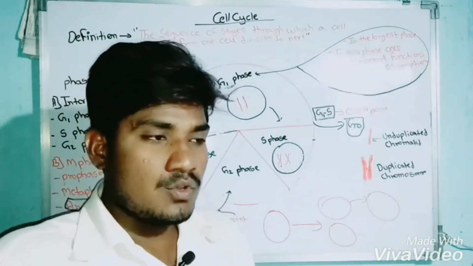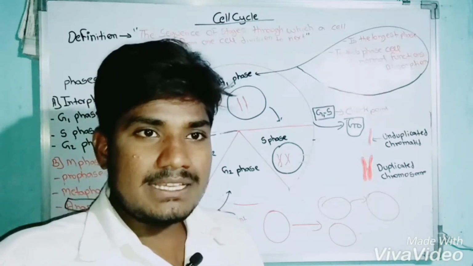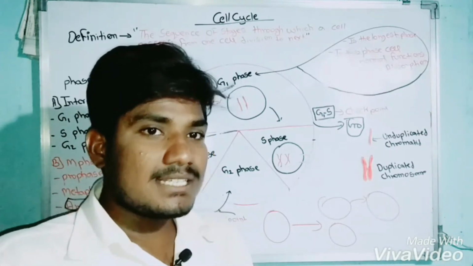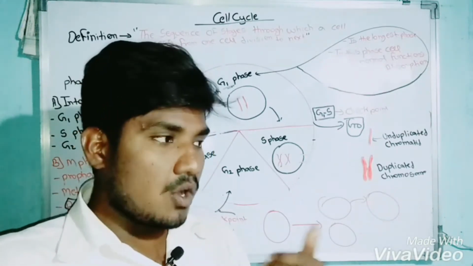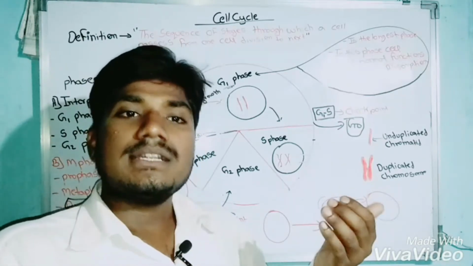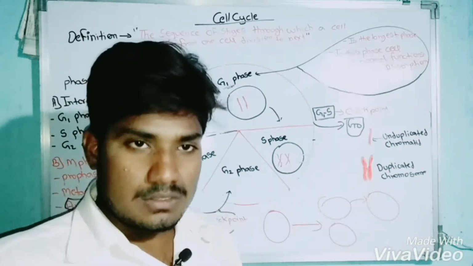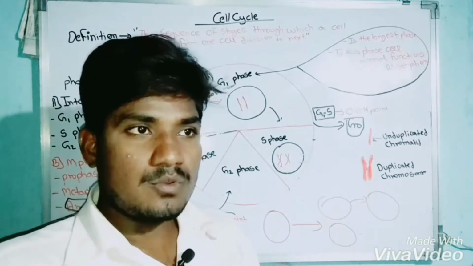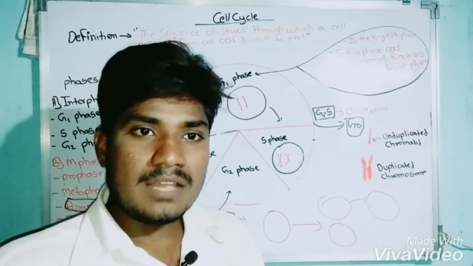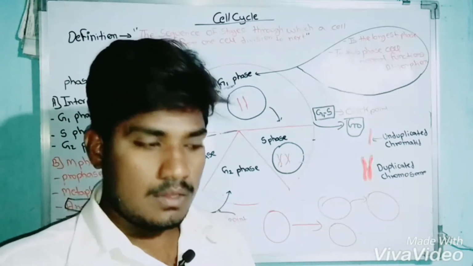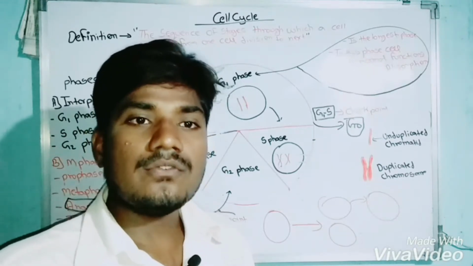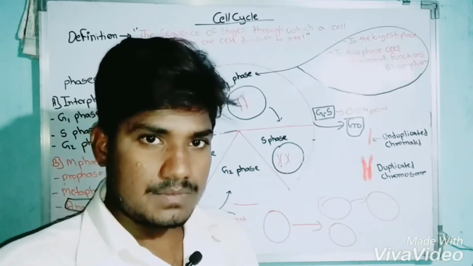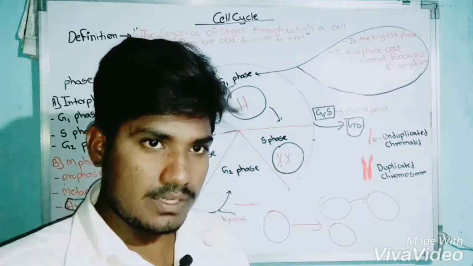Like if a cell is formed in our intestine, then it will perform the function of digestion, absorption. Suppose a cell is formed in our salivary gland, then that cell will perform the function of secretion.